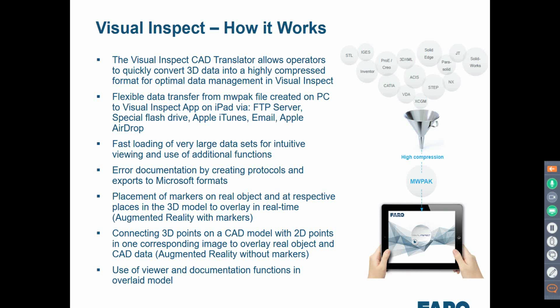There are two or three or four different formats specific to that market that we can also handle. So whether somebody has SolidWorks or Pro E or IGES, Inventor, CATIA, whatever it might be, we can take that into our universal translator. Now the translator would be located in your tooling CAD area, and then once you do your compression and you've got that compressed file, then you actually can load that in various ways onto your iPad.